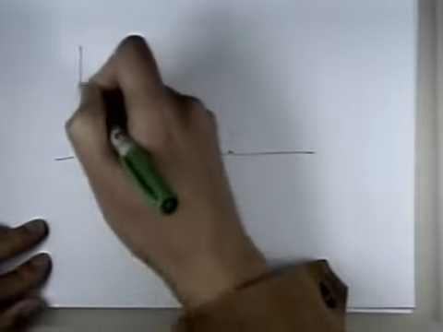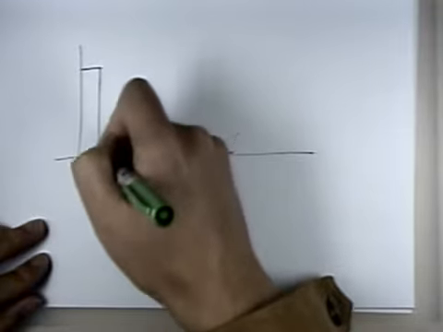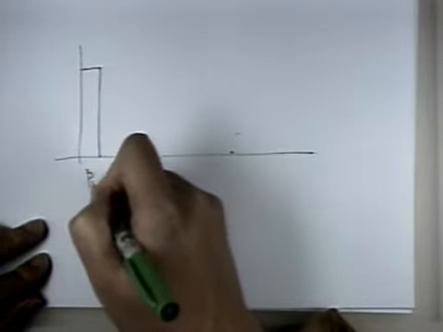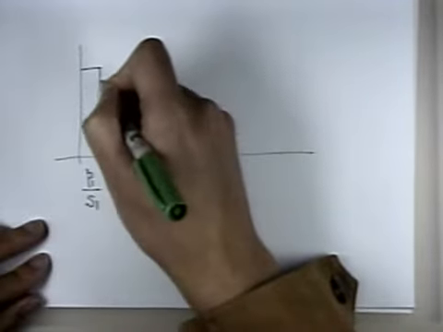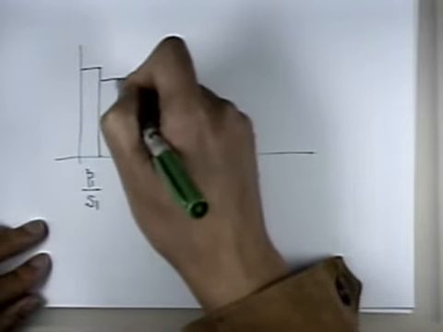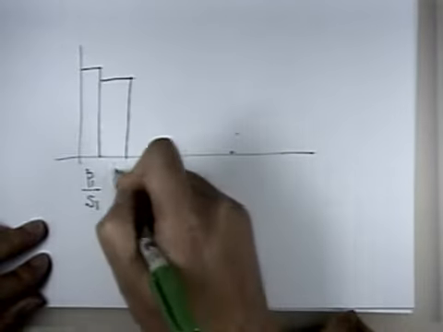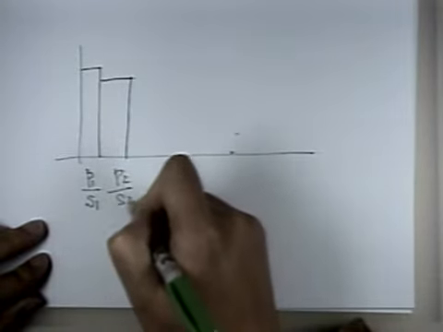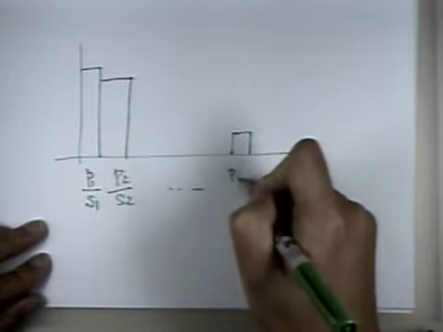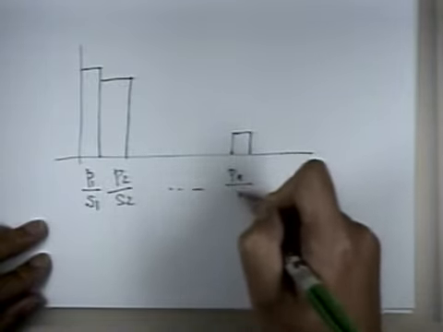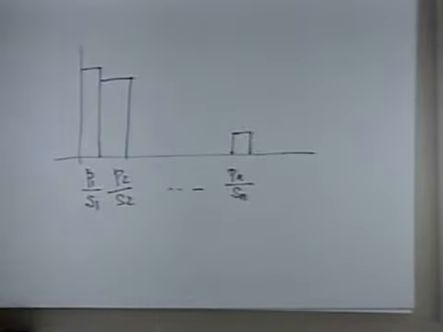I will say this is the first horse, P1 over S1. This is the second horse, P2 over S2, and so on. And then this is the last one, Pn over Sn. According to my rearranged order, I have this.